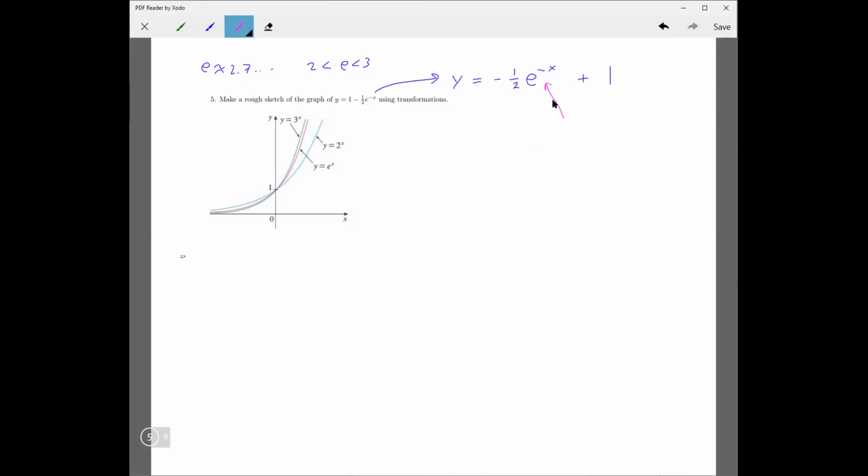What does this minus right here do? Okay, so I think it was last week that we talked about transformations of functions. So what you should think about when you see this is, you should think this.